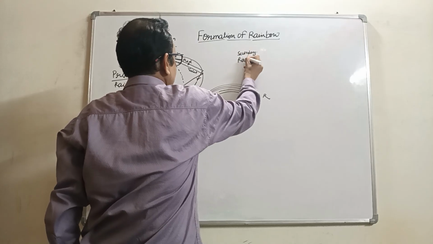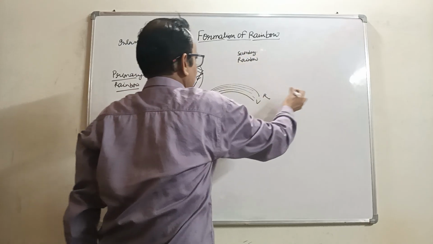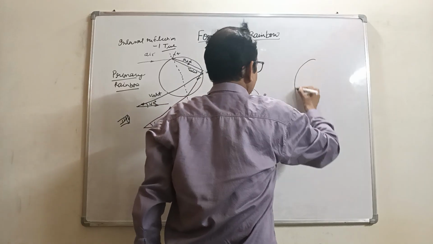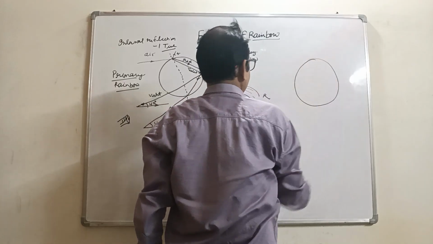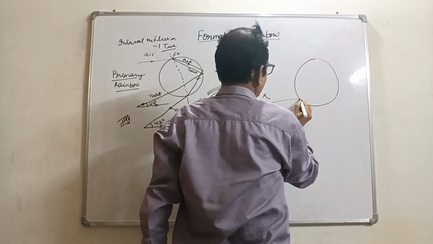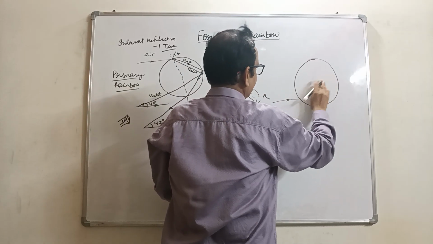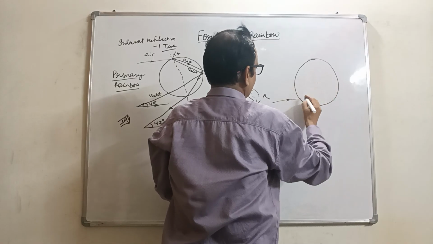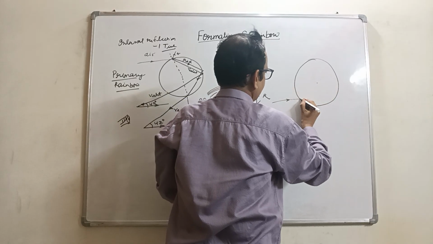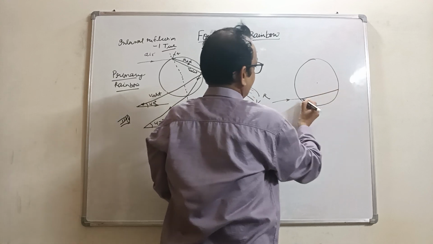So for the secondary rainbow, the pattern is like this. Here the incident ray is here, and the ray is refracted here.